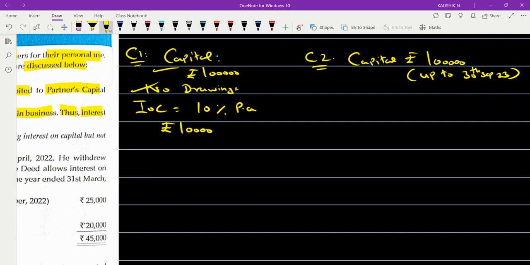My capital was rupees 1 lakh up to 30th of September 23. Now drawings is there, to the extent of rupees 5,000, and interest on capital has been said to be 10 percent per annum.